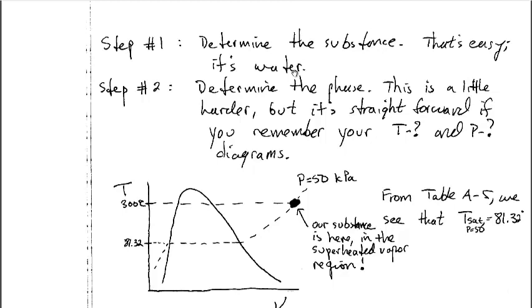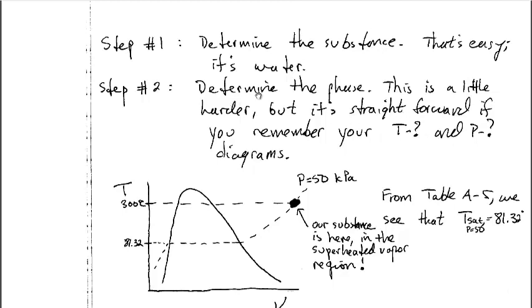Step number two, determine the phase. Now this part's harder. This is kind of the harder part of determining the properties of a substance, but once you learn how to determine the phase, this really becomes straightforward and easy. And determining the phase is particularly straightforward if you remember your T-v and P-v diagrams.